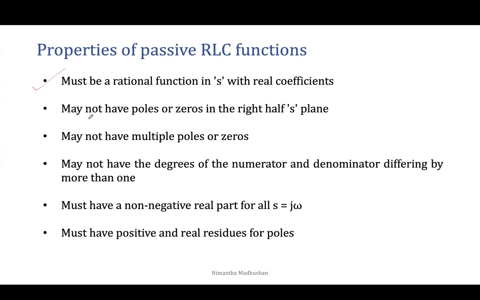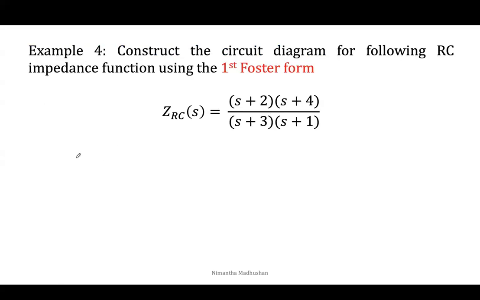The second one is that it may not have any poles or zeros in the right half s plane. For that, we have to find the poles and zeros. Here, we can find the poles from the denominator: s equal to -3 and s equal to -1.